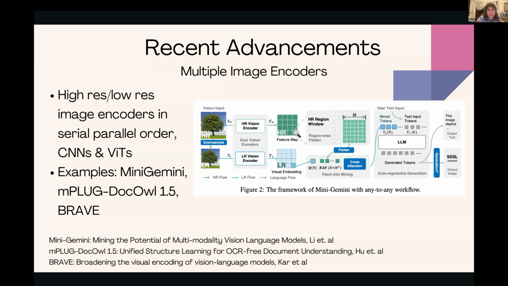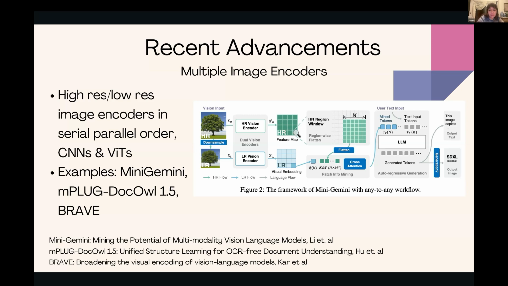The first one is the fact that people are using multiple image encoders now. There is Mini Gemini, which you can see here. There's mPLUG-Owl, and there's BRAVE. These three models are using multiple image encoders to train better models.